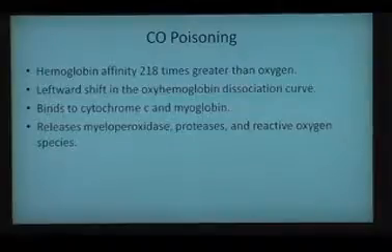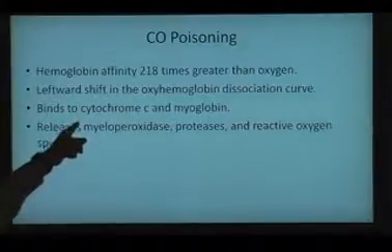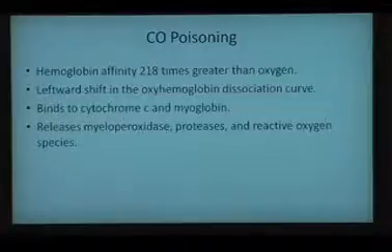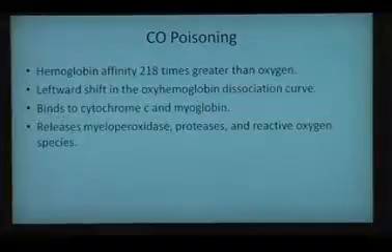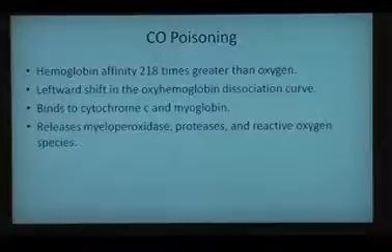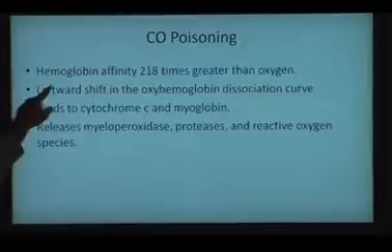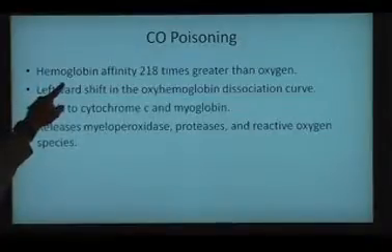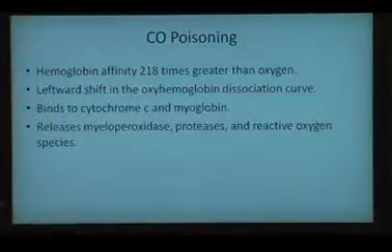And beyond that, CO binds to cytochrome and myoglobin in our bodies, and it releases all kinds of nasty things like myeloperoxidase, proteases, reactive oxygen species. So CO really pretty much wrecks the whole system. And that is beyond just the effect of CO binding onto hemoglobin.